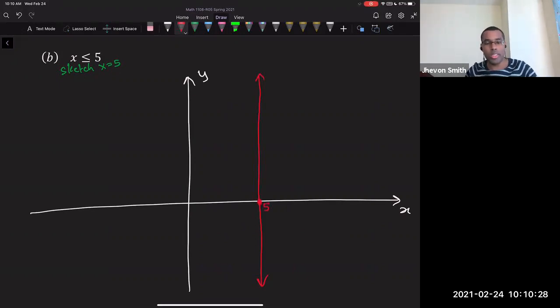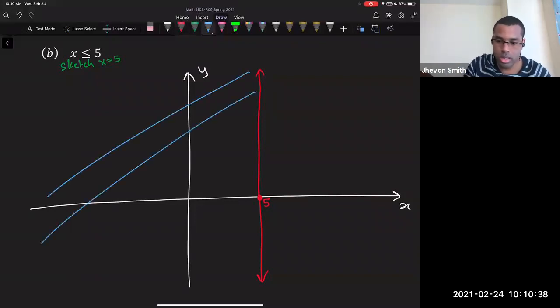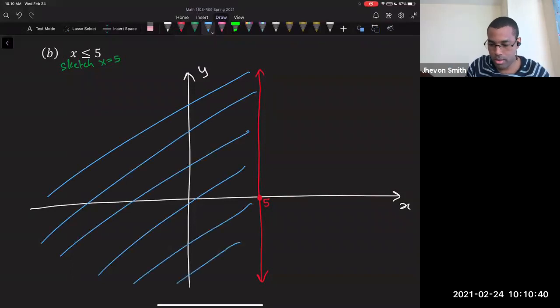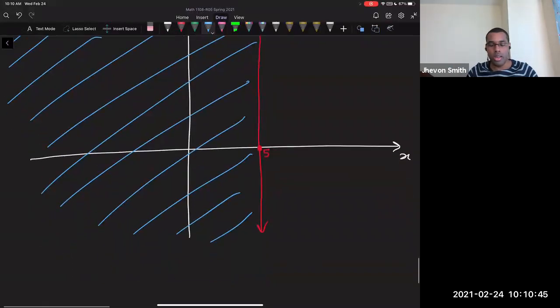Now, couple ways to notice how to shade this. Because it's in the form x is less than something, then the solution is to the left. Right? So it's already in that form, right?